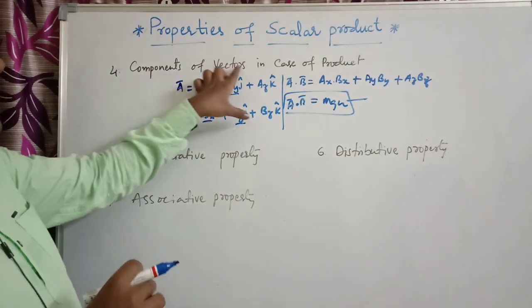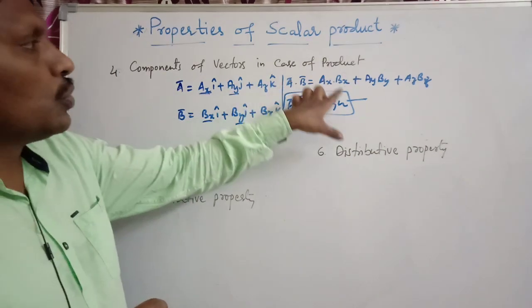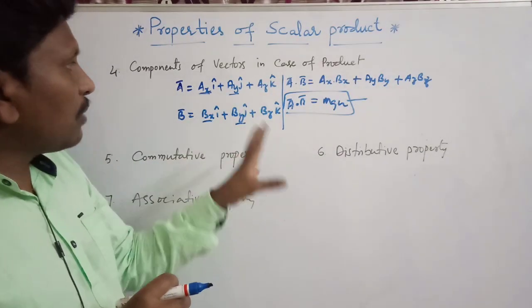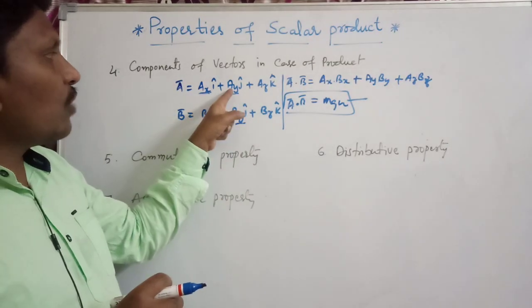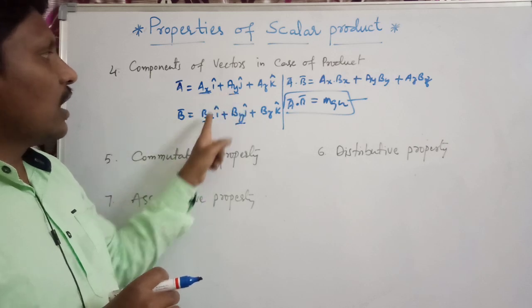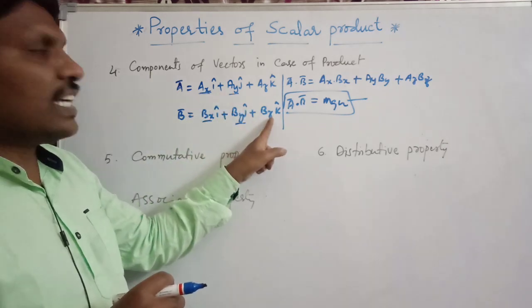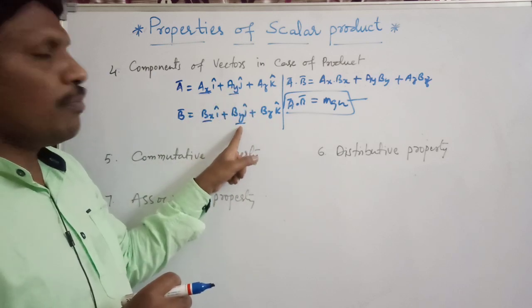Now when two vectors are given, to multiply them we have to go through this process. We should not multiply different unit vectors: ay should not be multiplied by bx or bz. Here ay must be multiplied by by.